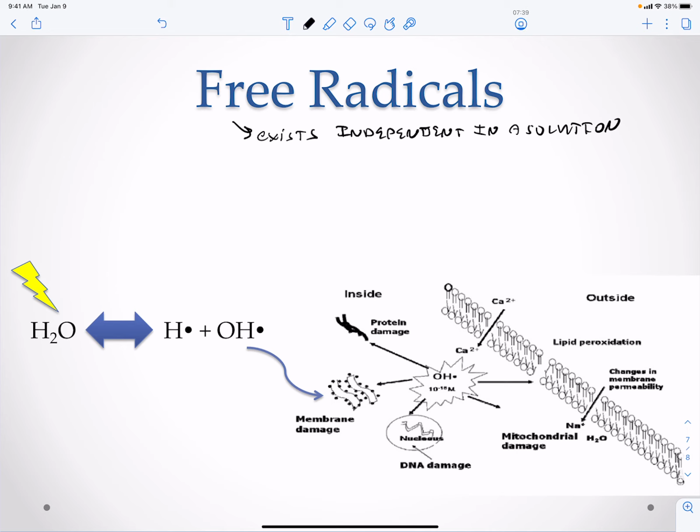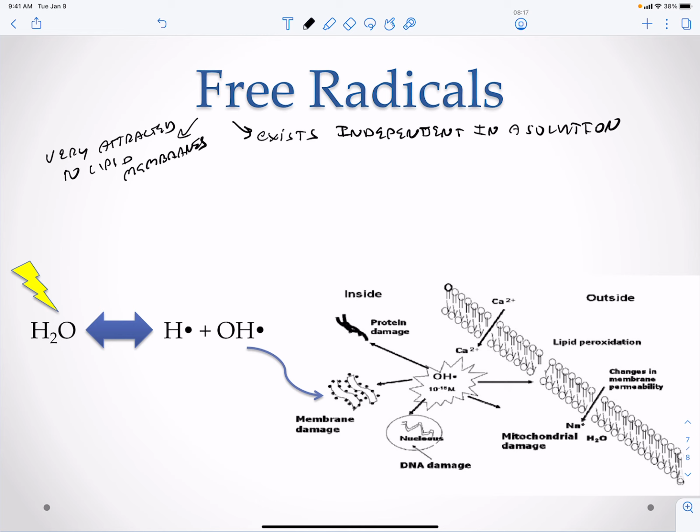And they're going to, for example, be very attracted to our lipid membranes. Two very important lipid membranes in our cell are our cell membrane, which keeps up the integrity of the cell, and the other, of course, is the mitochondrial lipid membrane because that also is very important for making sure the cell survives. If you lose integrity of your mitochondria, your cell will undergo apoptosis and die.